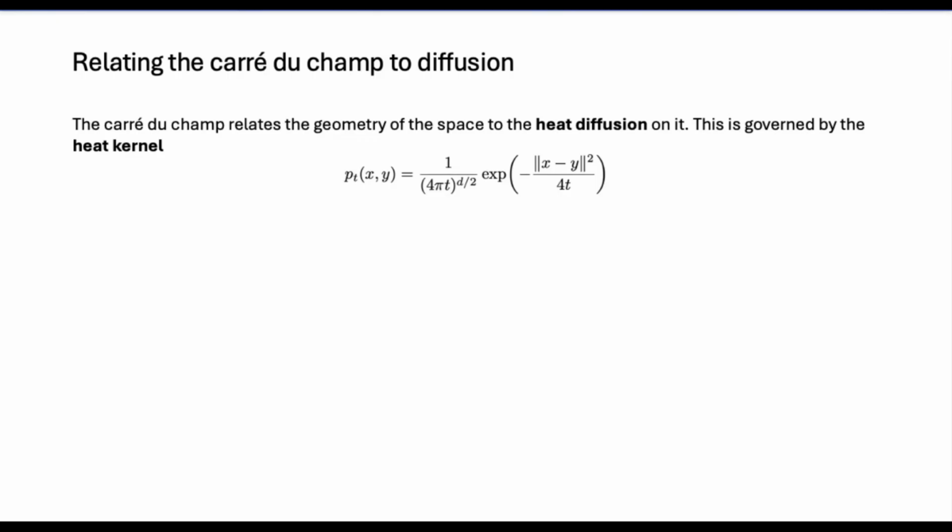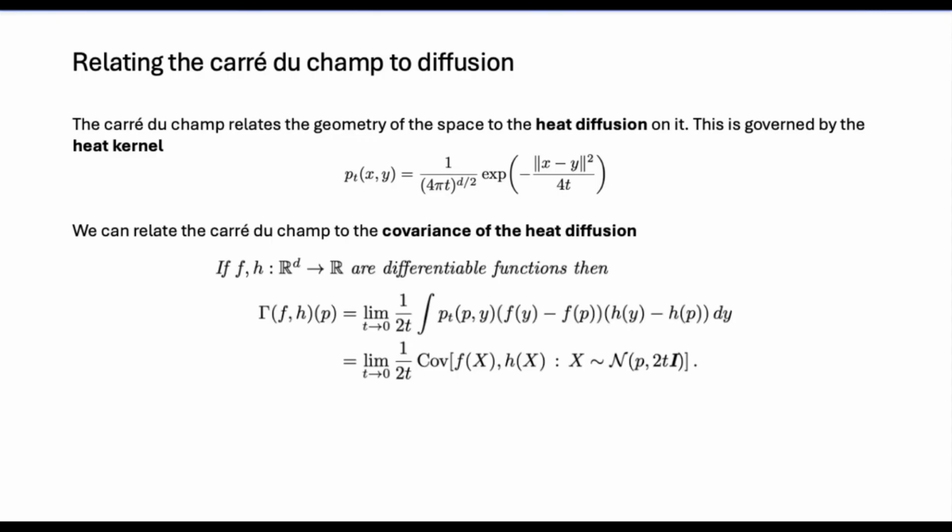The standard heat diffusion, which I'm talking about, you may have seen this heat kernel expression, which exists in Euclidean space. This basically measures the flow of heat after t time from a point. At time zero, it's just like a spike, and then it diffuses outwards.